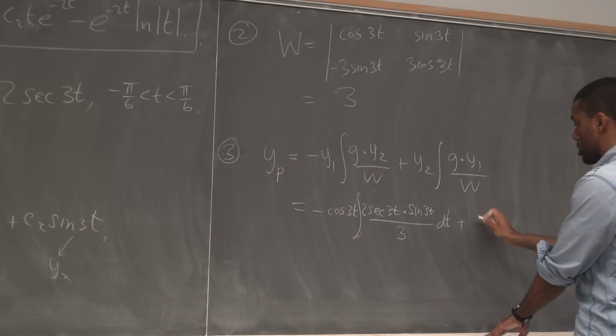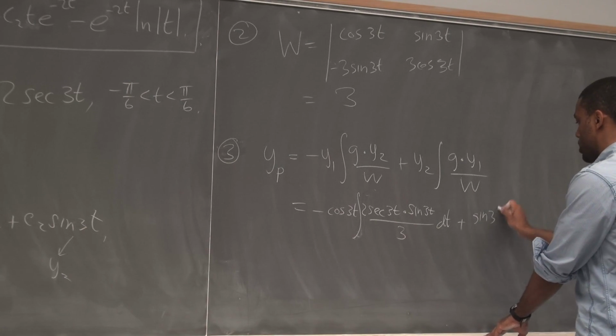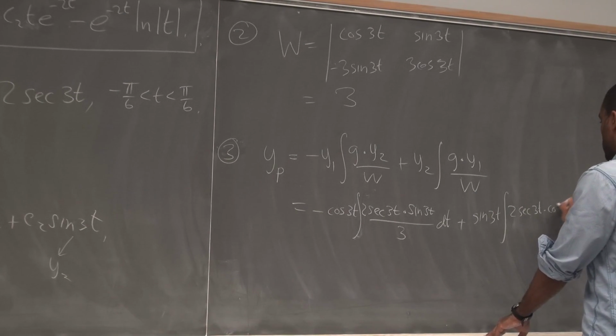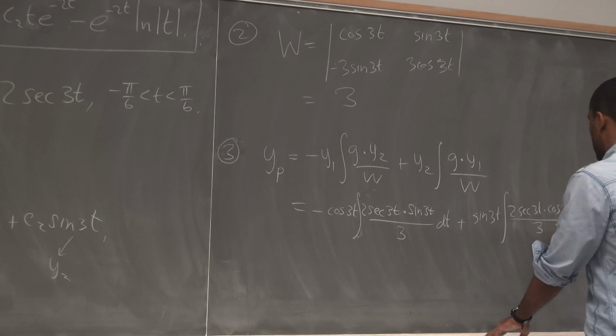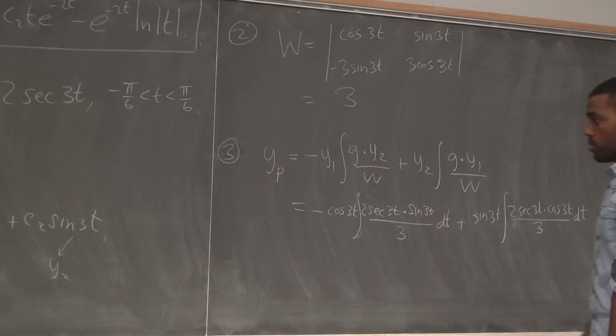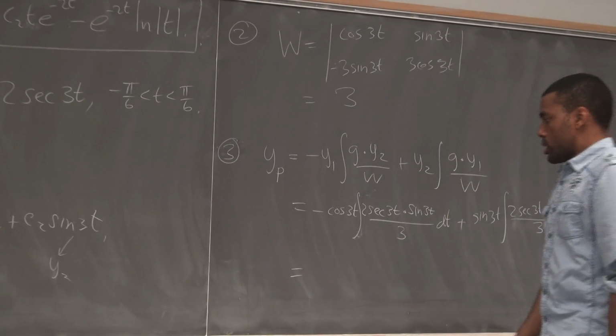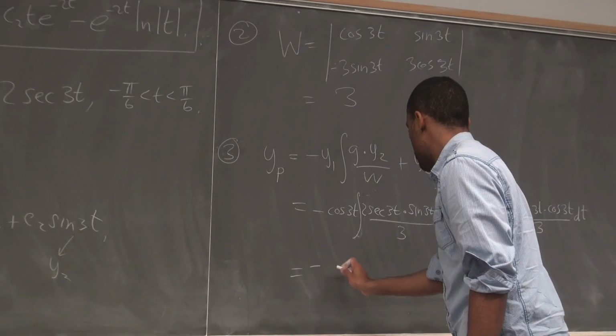We're going to ignore the constants. What does this simplify to?